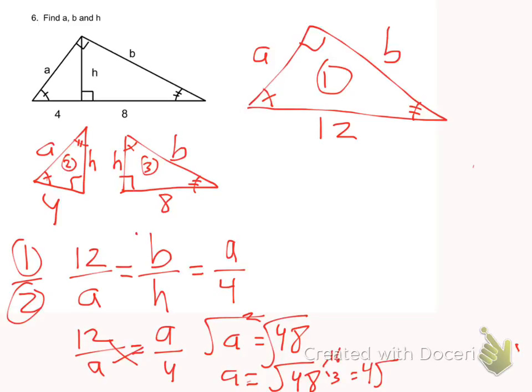Because 16 is 4 and 4, those can be partners, and when they leave the radical, they join hands. So the square root of 16 is 4, the square root of 3 is square root of 3, so it's 4 times square root of 3.